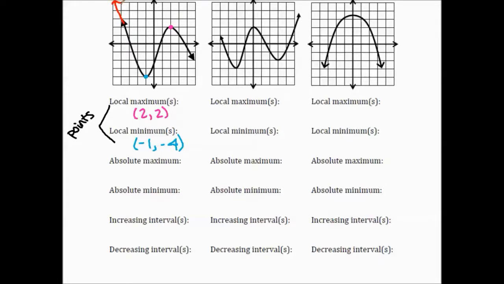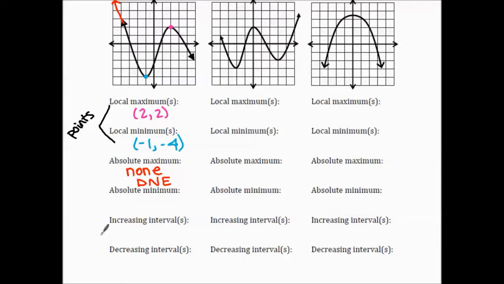So when we talked about range last class, that side of the function is going to positive infinity, and positive infinity is not a number. So really there is no maximum. There is no absolute maximum for this graph. So you can either put none or you can put DNE, which stands for does not exist.